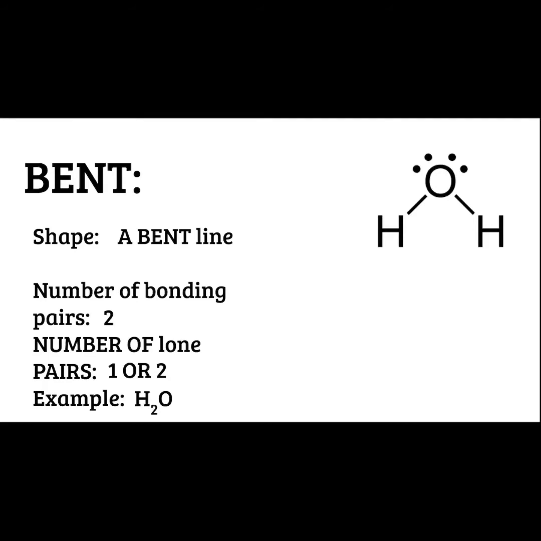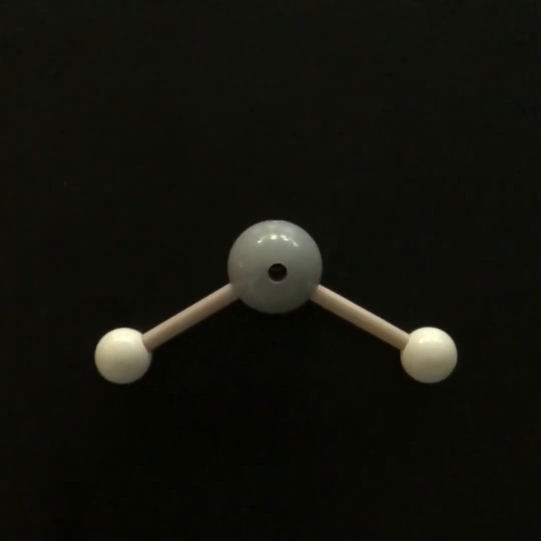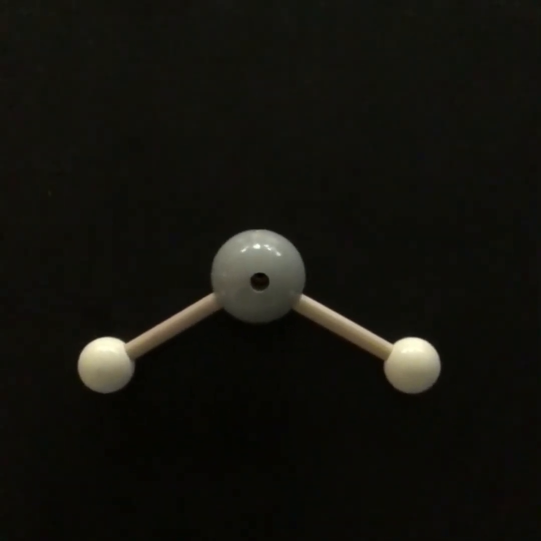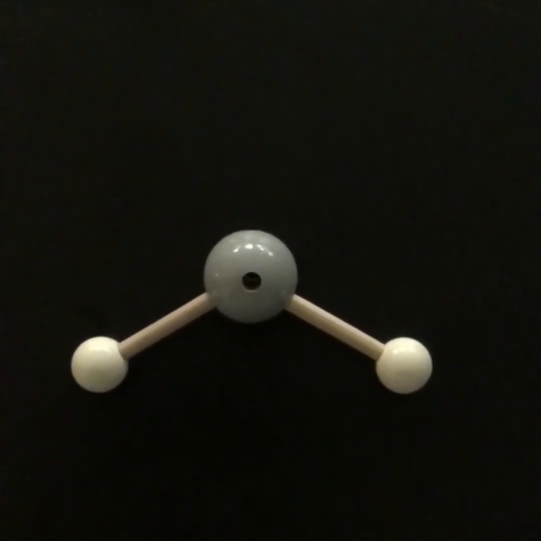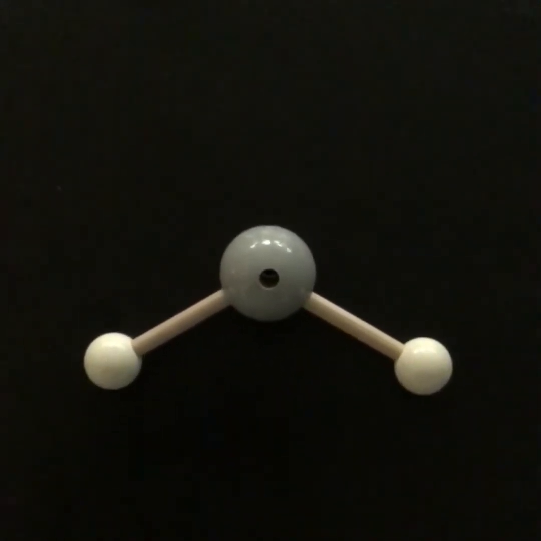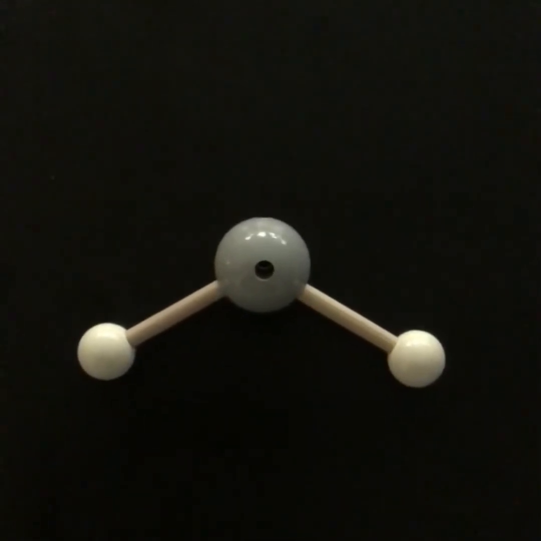So if I'm looking at the angle between each hydrogen, just hydrogen to hydrogen, it could be less than 120 degrees, or it could be less than 109.5 degrees. This is an example of a bent geometry. So if there's only 1 lone pair, the angle between the 2 bonds would be less than 120. If there was 2 lone pairs at the top, the angle would be 109.5 degrees.